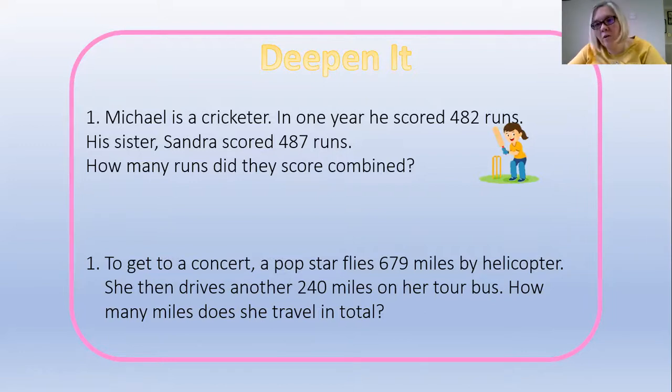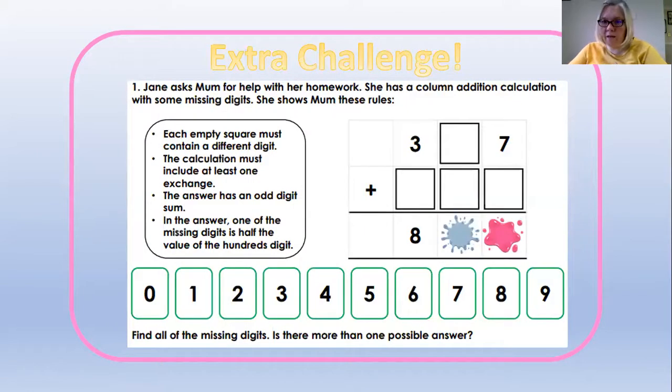Now, if you get to the end of today's lesson and you've whizzed through and think, oh, Mrs. Pledger, I want a bit of a challenge today, I want to really use my brain with our column addition, well, there you go, year 3. There is an extra challenge at the end of your printout today.